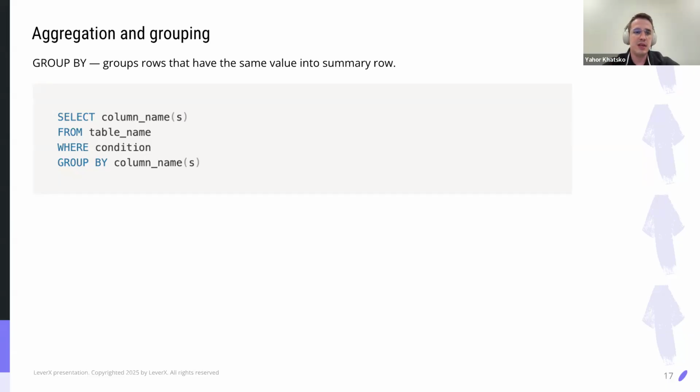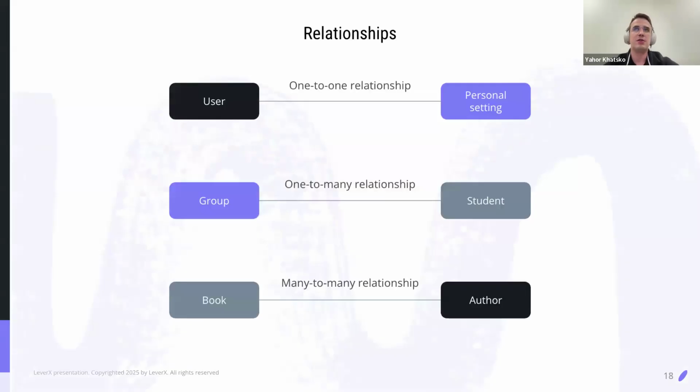And basically, we've talked about the tables and how we can do stuff with the tables and the data inside the tables, but it's not only about one table. The database is more about a set of tables. And such tables could have relations.